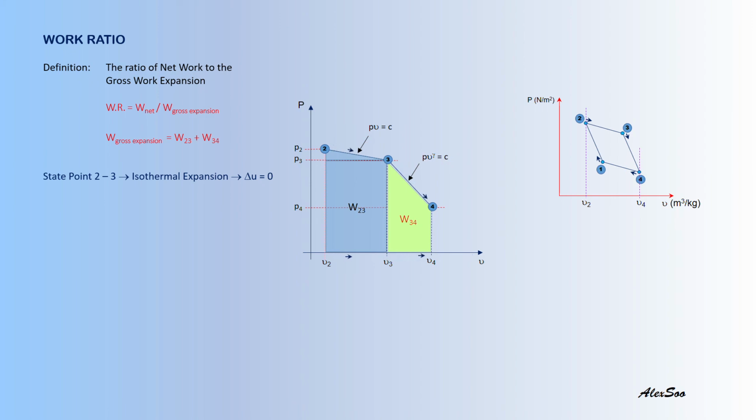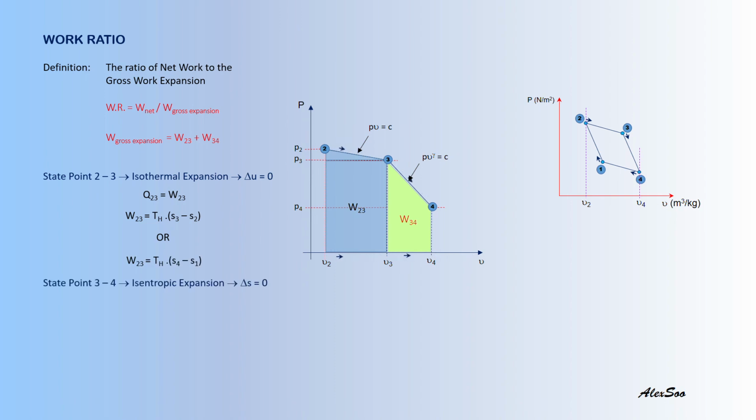State point 2 to 3 refers to an isothermal expansion where the internal energy change is equal to 0 during an isothermal process. Remember, that is based on Joule's law. So you have this, or you have this.